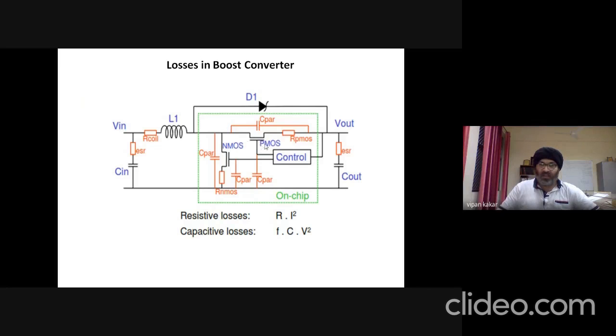In this case, S1 is designed using an NMOS switch, an N-type MOSFET, and S2 is designed using a PMOS, a P-type MOSFET. And this controller decides the switching on and off of both of these switches after getting feedback from the output voltage.